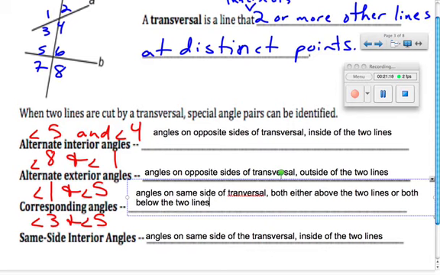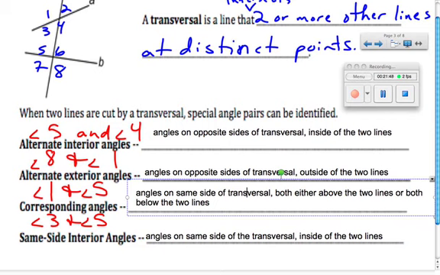I don't like using the word corresponding to define corresponding angles. But you will see in your textbook that they describe the angles as being in corresponding position with respect to the two lines. Adrian? So it's basically like one is interior and one is exterior. Yes, always. Good. Okay. Any other questions about these four angle pairs?